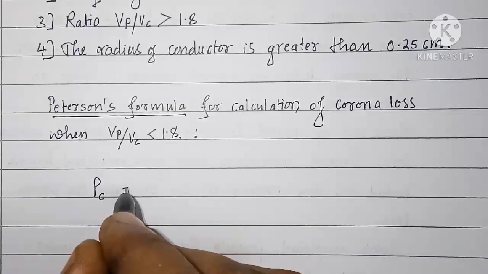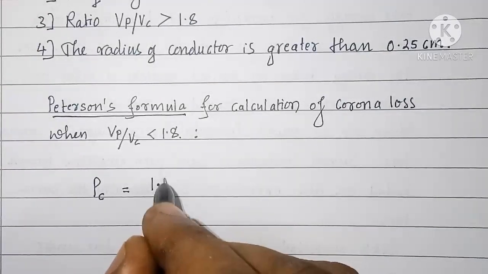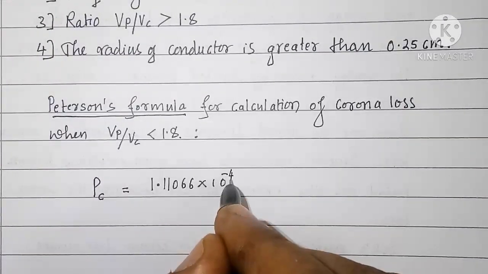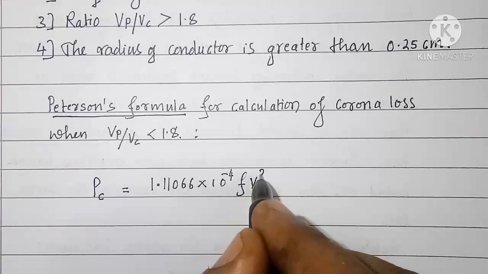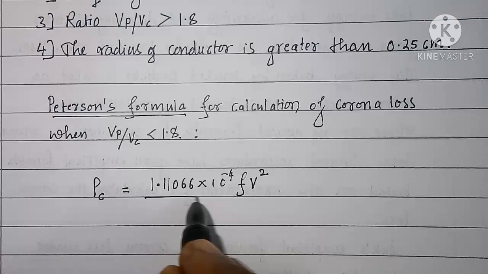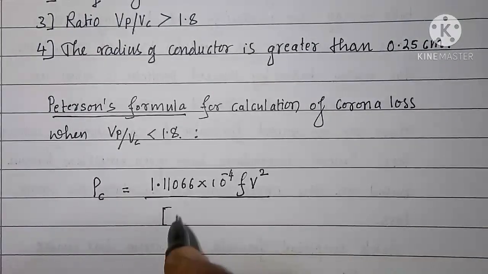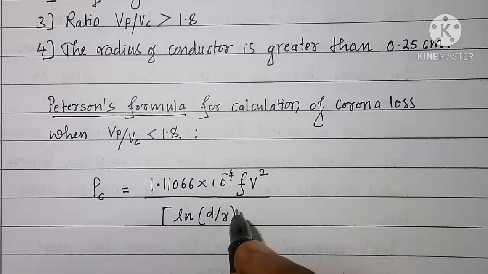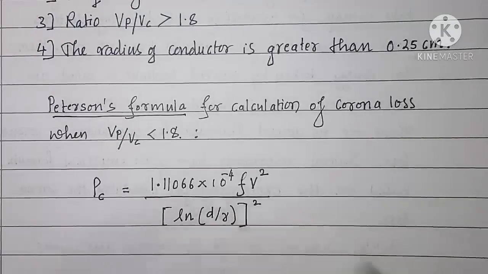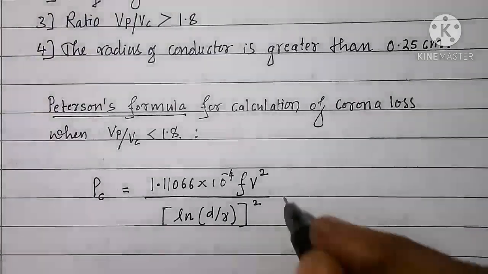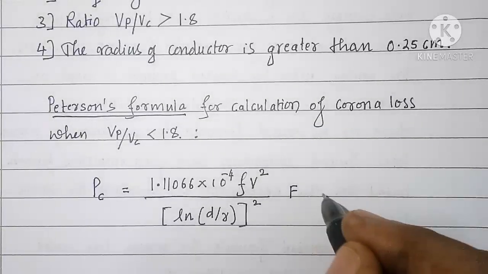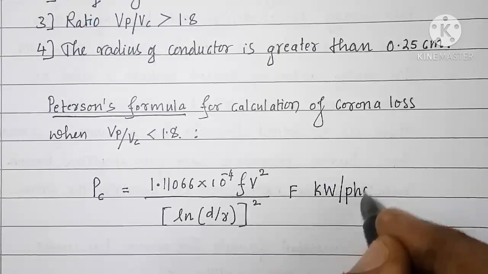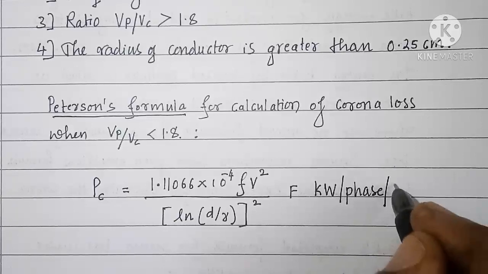Corona loss Pc is equal to 1.11066 into 10 raised to minus 4 into F into V square by bracket ln of d by r bracket complete whole square into F, kilowatt per phase per kilometer.